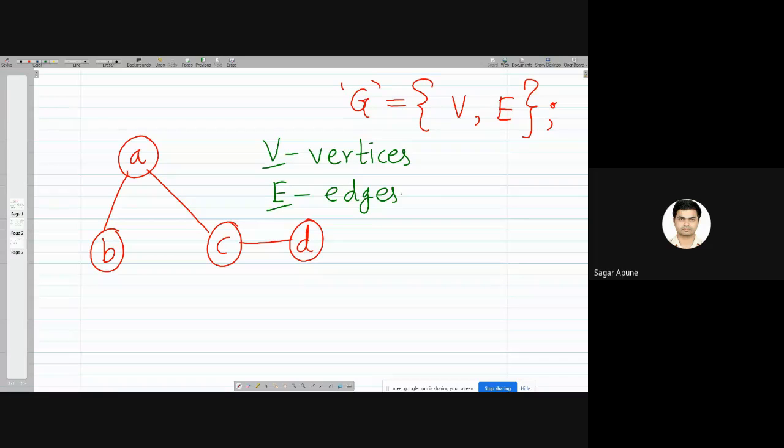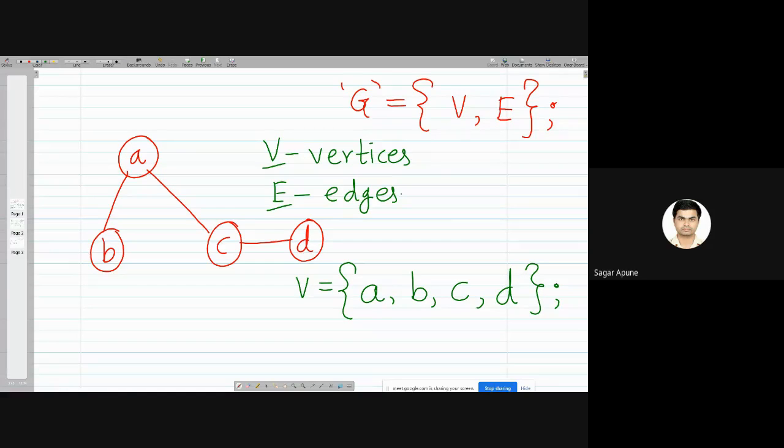So we can represent my V set as a set of vertices. How many vertices are there? There are 4 vertices. We can write them one by one, separated with commas, A, B, C and D.